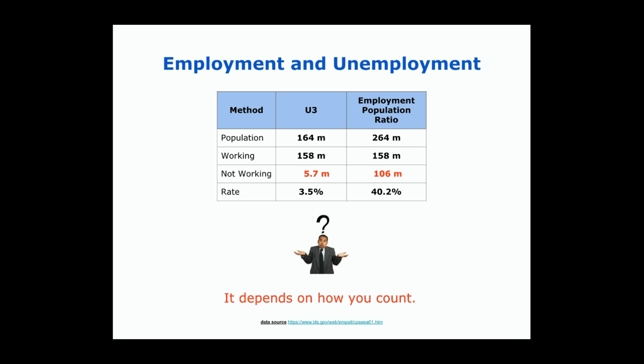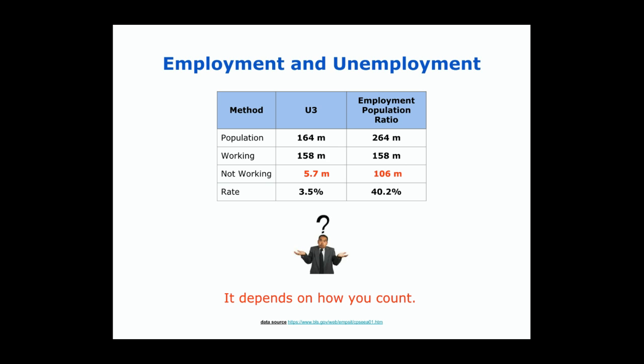So we have these two different numbers: 3.5% unemployment and 40.2% of people in the population who are not employed. The point here is that when we talk about unemployment, there's a number of different ways that we can talk about it, and we might come to a low number or a high number depending upon the specific definition that we're using.